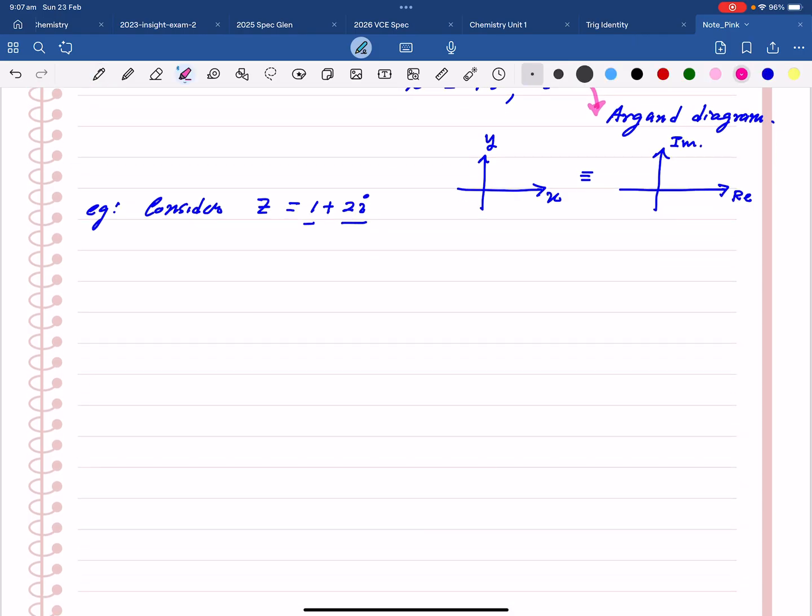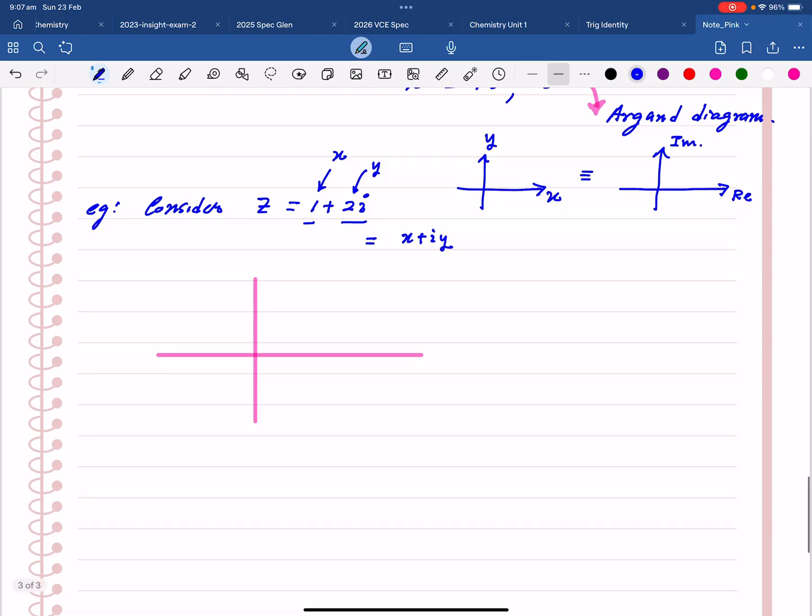So let's see. If you need to plot this one, this is your x value, this is your y value. This is in the shape of x plus iy. x is the real value, and remember, x is real, y is real. However, iy is imaginary.